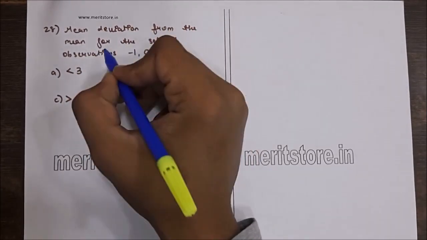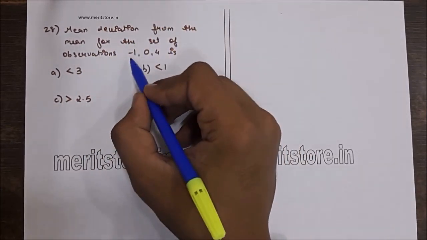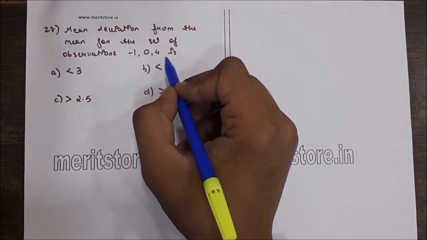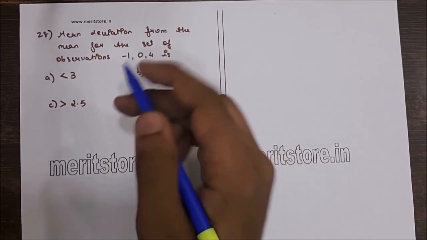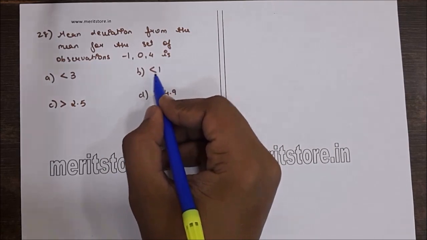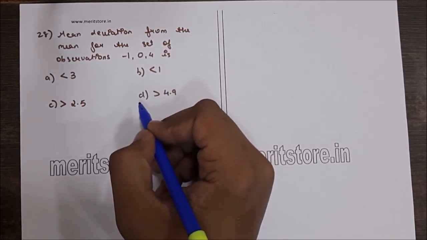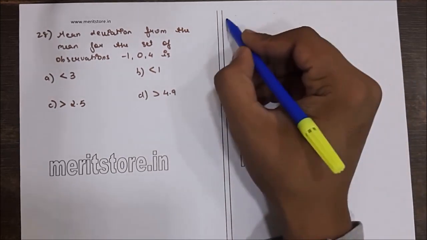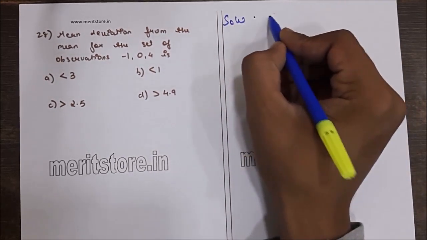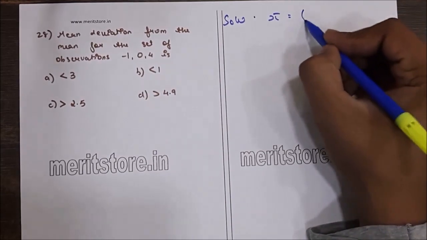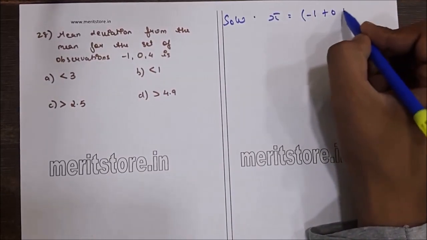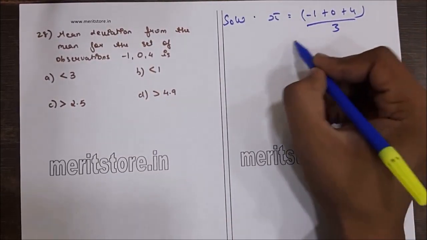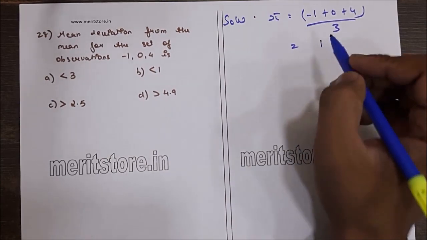Mean deviation from the mean for the set of observations -1, 0, 4 is option A smaller than 3, option B smaller than 1, option C greater than 2.5, option D greater than 4.9. Therefore, the solution is x bar is equal to minus 1 plus 0 plus 4 divided by 3, that is equal to 1.